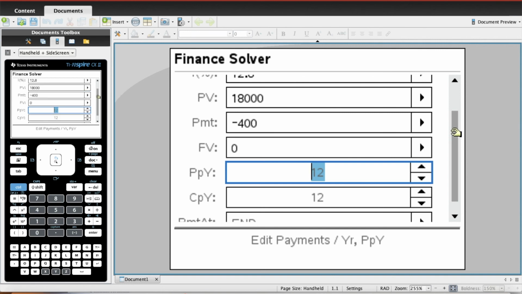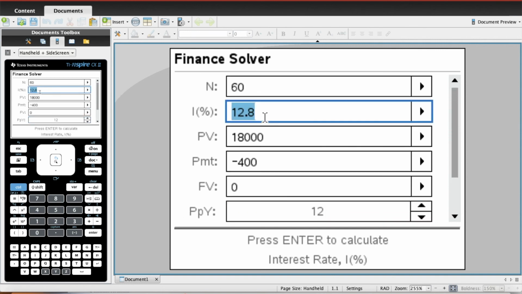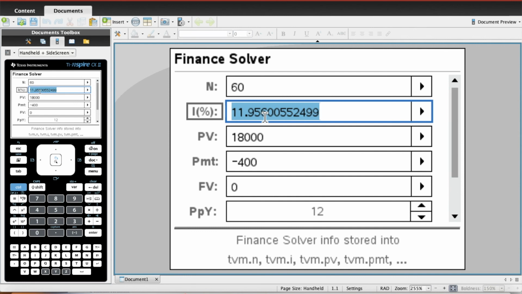Now, if I do it this way, the percentage I get here should be the percentage for the year, because I'm not looking at individual months, I'm looking at the full year. Even though I am making 60 payments, I'm still looking at it for the year. So if I push enter, I should get, look at that, 11.96 actually is the percentage that his interest rate is. All right. There you go.